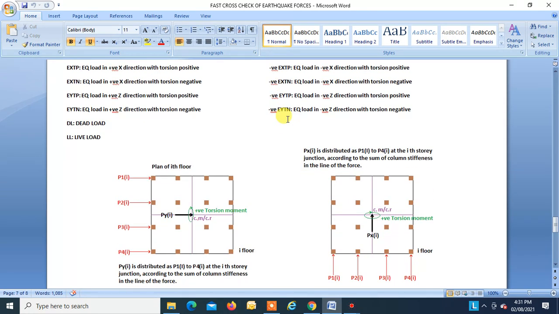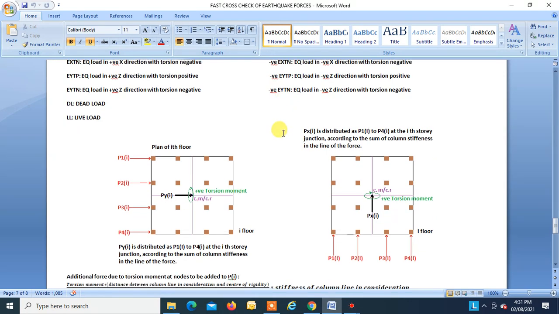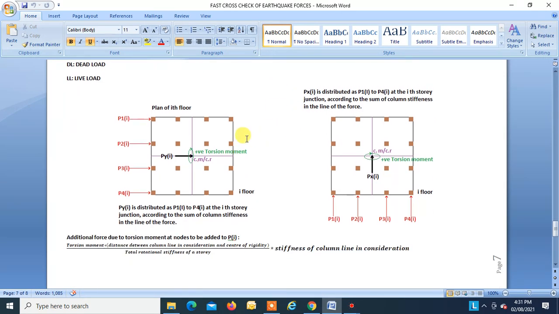This is how we find the earthquake loads. These loads are acting at the center of mass, right? So we have to distribute them to the nodal points to get the nodal loads. So Pyi is distributed as P1i to P4i in the ith story junction according to the sum of the column stiffness in line of the force.